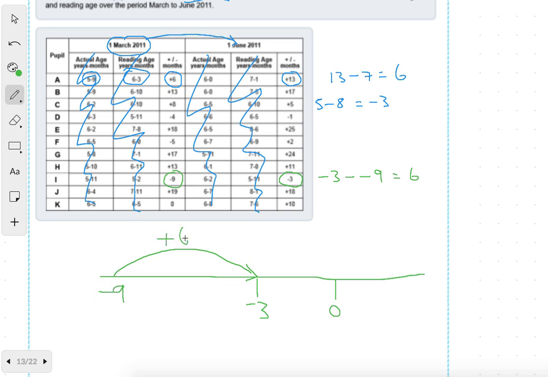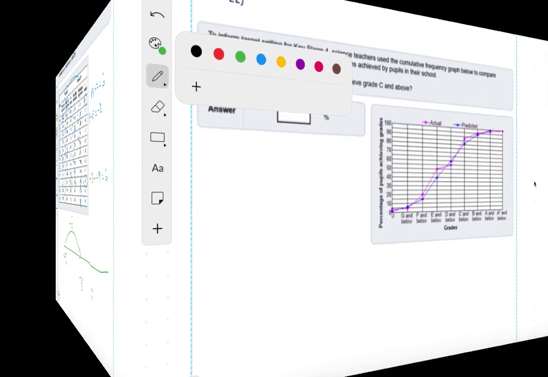And it's 6. It's a little bit like a thermometer as well. If it was -9 degrees and then it went to -3 degrees, it's warmed up by 6 degrees. There are some questions in QTS surrounding that. I think there is a specific temperature question like that. You can use a number line and then it's fairly easy to visualize it. So that should be a useful little tip.